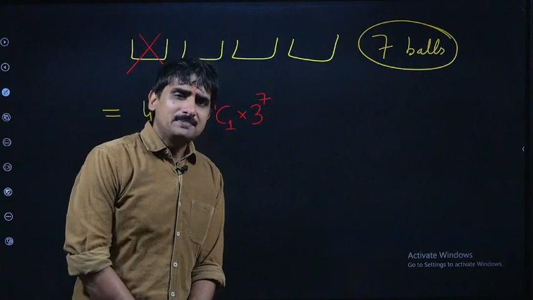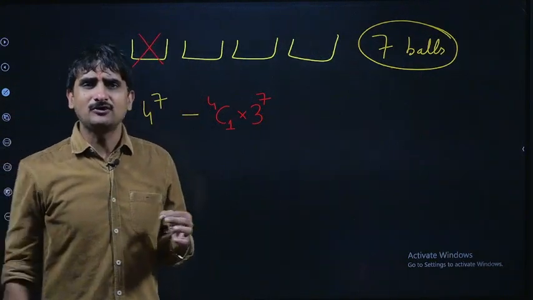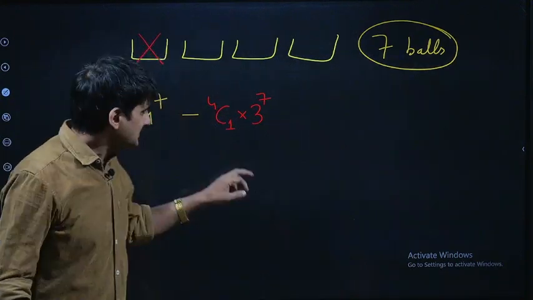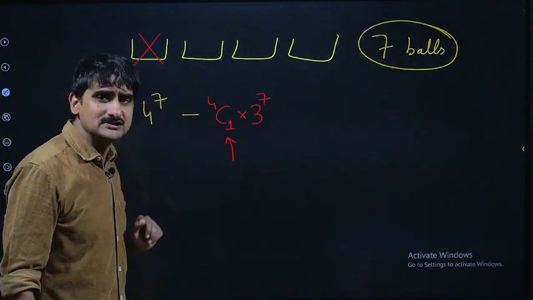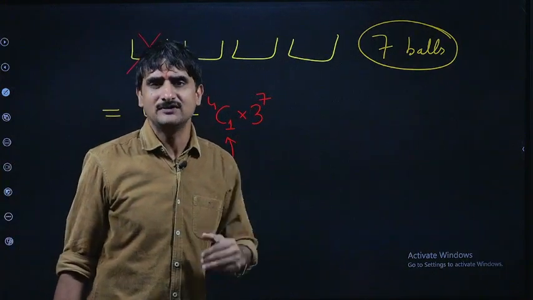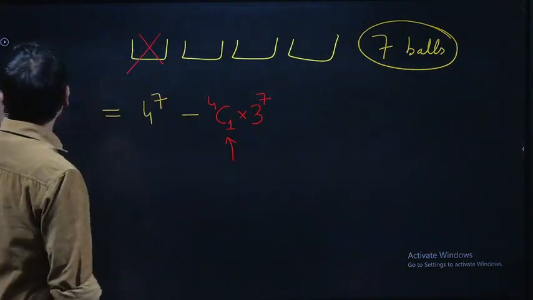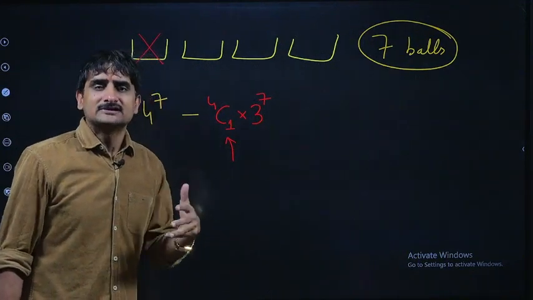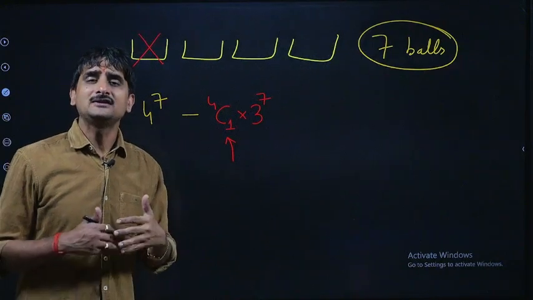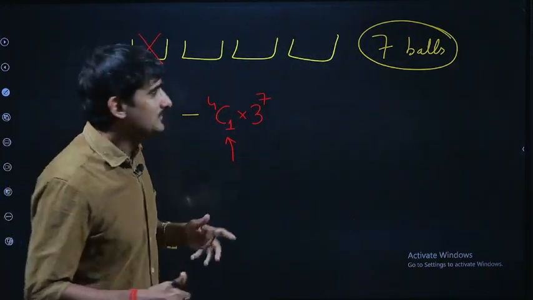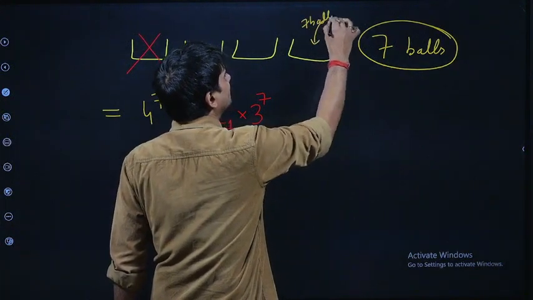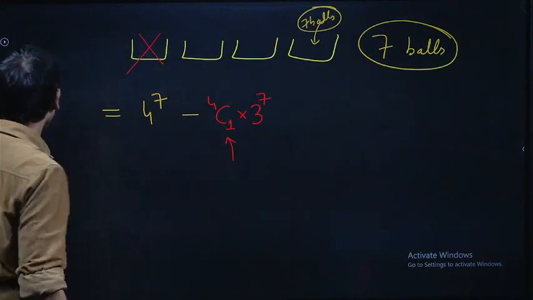Now, whenever we do a calculation for at least and we are making a selection in such cases, there will be a repetition. I will explain how. See, 3 raised to the power 7 ways. Doesn't that include the way when we put all our 7 balls in box 4? Accepted or not, bachon?